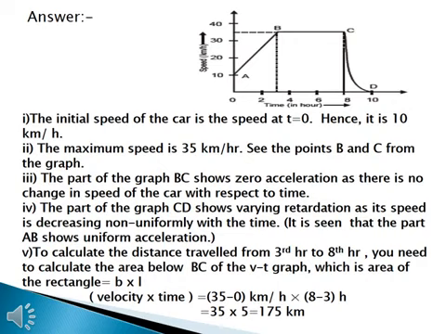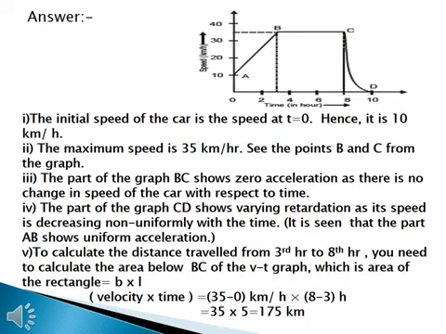And last one is to calculate the distance traveled from 3rd hour to 8th hour. It is the time duration of 5 hours. Here the graph is a speed time graph. So the area enclosed by the graph with respect to the corresponding time intervals represented on the x-axis gives the distance traveled. That is, the area enclosed is the area below BC of the VT graph, which is the area of the rectangle.